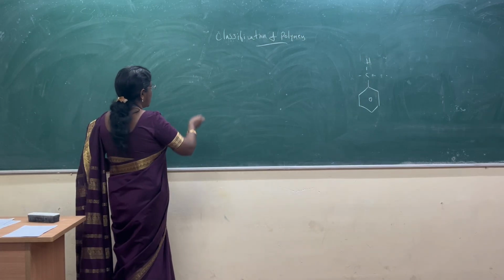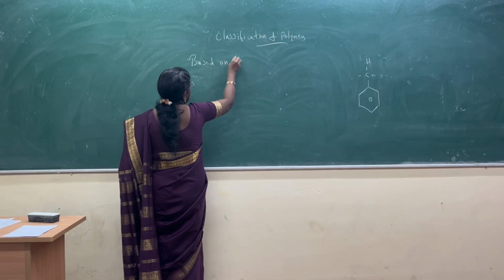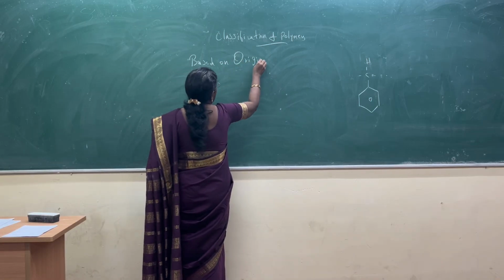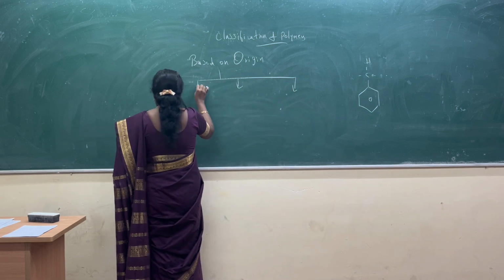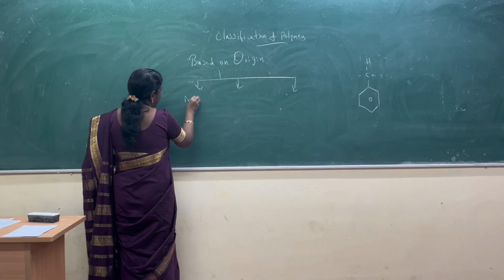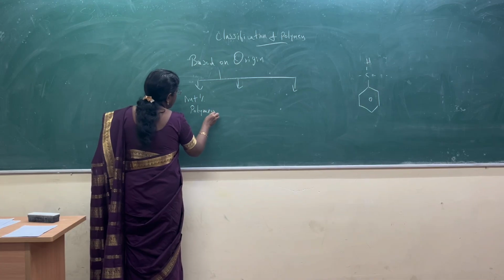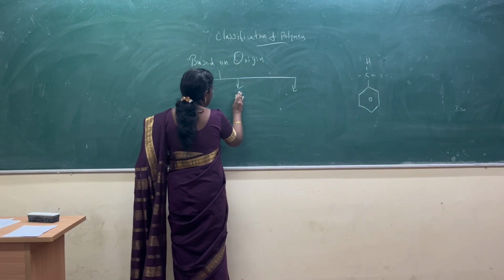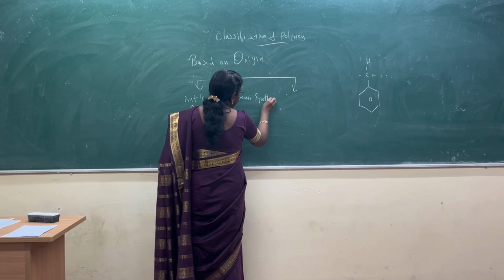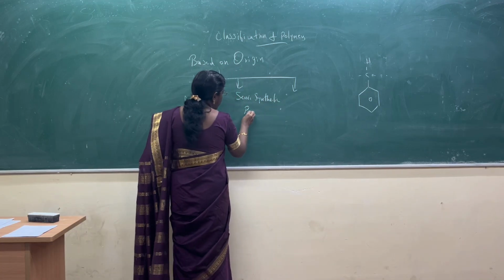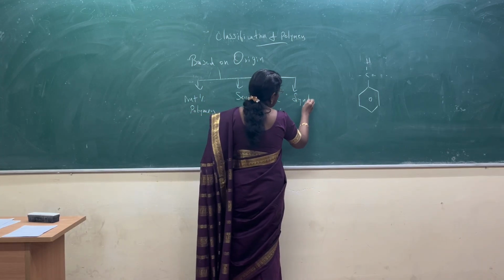Based on origin, polymers are classified into three types: natural polymer, semi-synthetic polymer, and synthetic polymer.